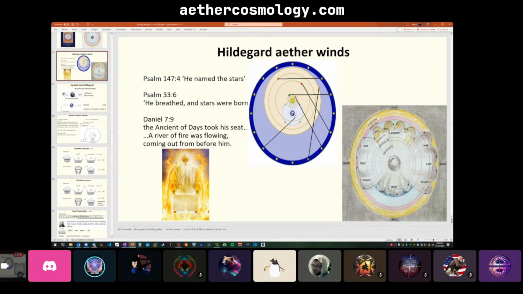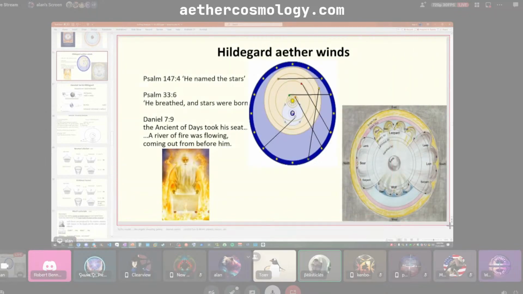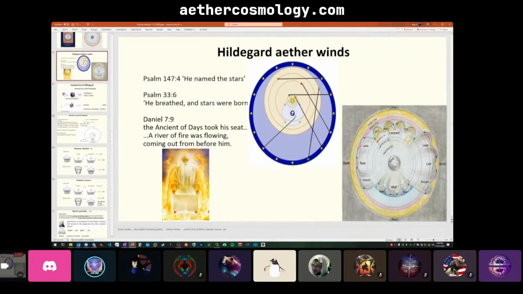No, go ahead. Well, I was just reading Genesis 1:14, and God said, "Let there be lights in the firmament of the heaven to divide the day from night, and let them be for signs, and for seasons, and for days and years, and let them be for lights in the firmament of the heaven to give light upon the earth."